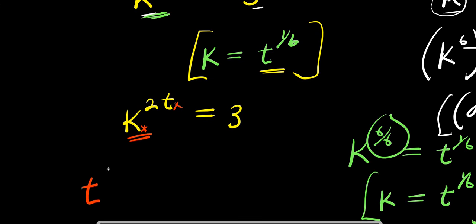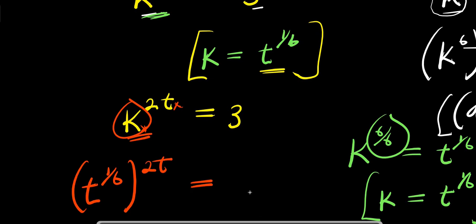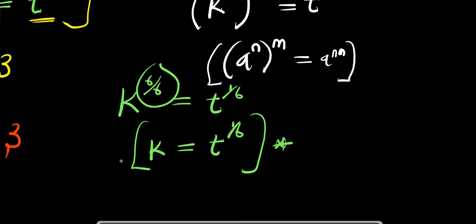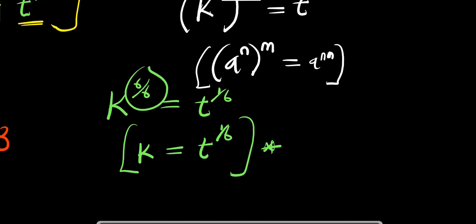So I have t power 1 over 6, which is k. And this is raised to the power of 2 times t. And this equals 3. Now, you can apply this identity again. A power n raised to the power of m equals a power n times m.